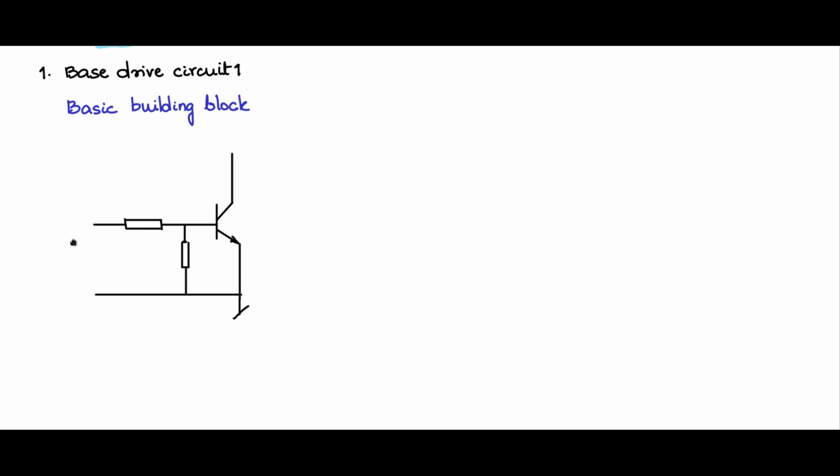So you give a base signal here, and the currents are limited by this R1 and R2. There is this current IC which is decided by the external load, and here you have to give IB on to turn on the BJT to full on condition. We'll call this one R1 and this one R2.